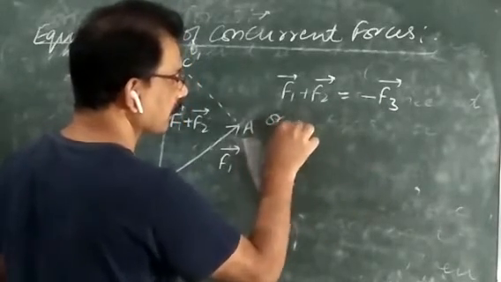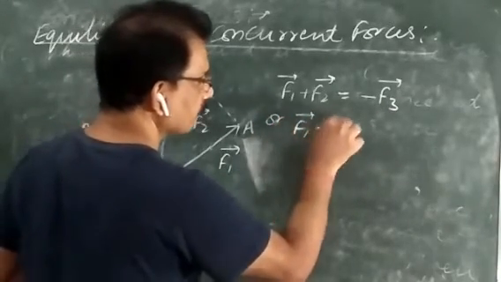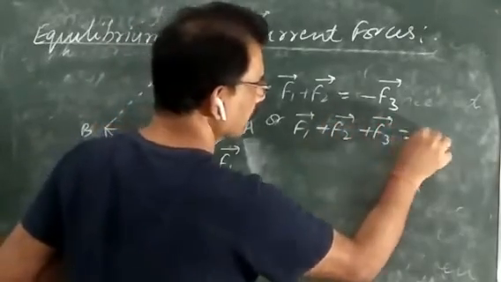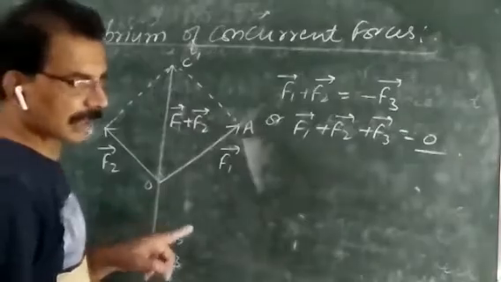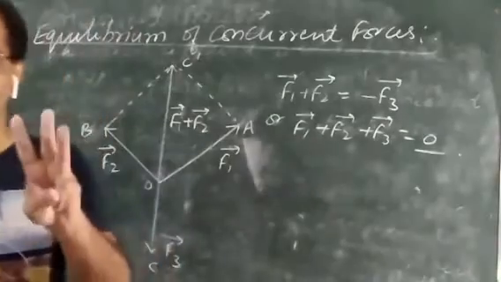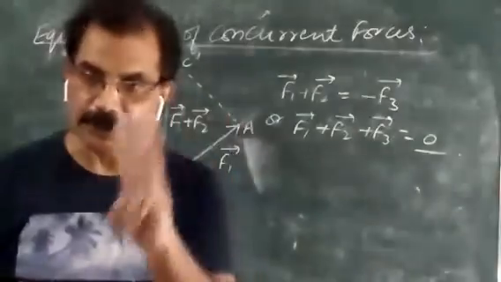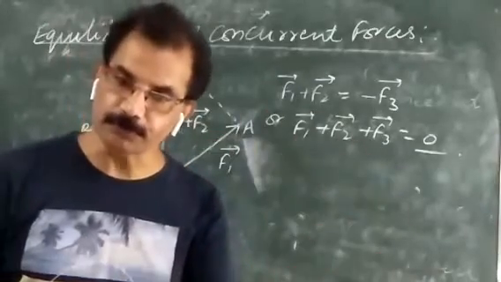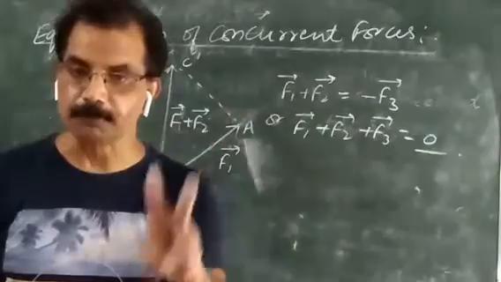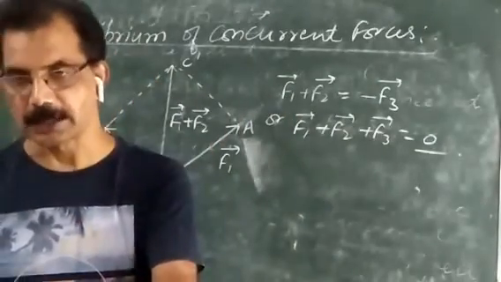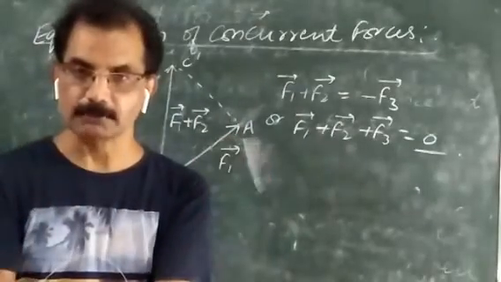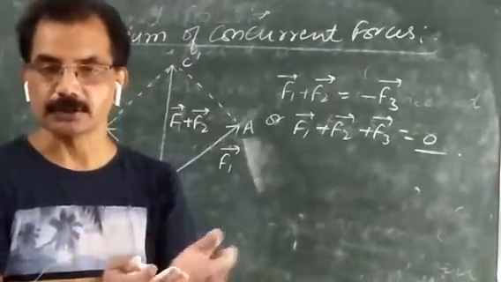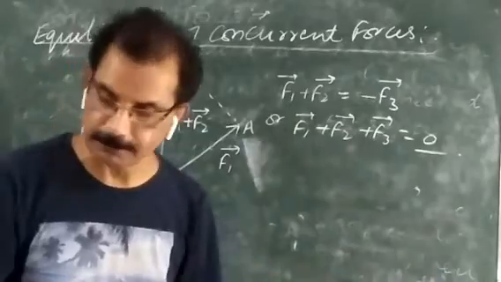You can say here vector F1 plus vector F2 plus vector F3 should be equal to 0. It means three forces are said to be in equilibrium if the resultant of any two force is equal and opposite to the third force. And in this way, the total vector sum of all these forces should be equal to 0. Then you can say these forces are in equilibrium.